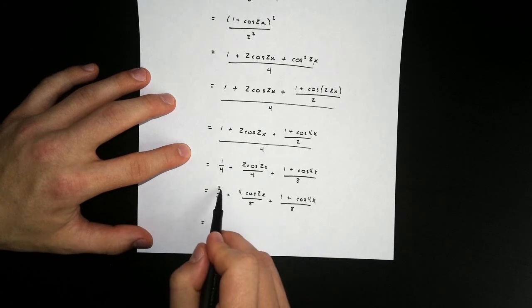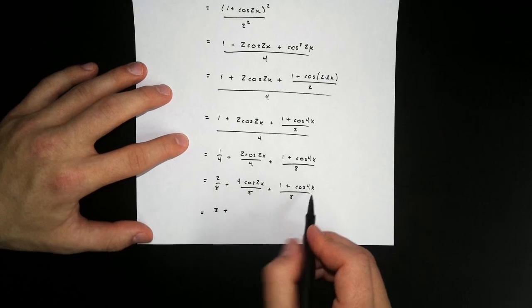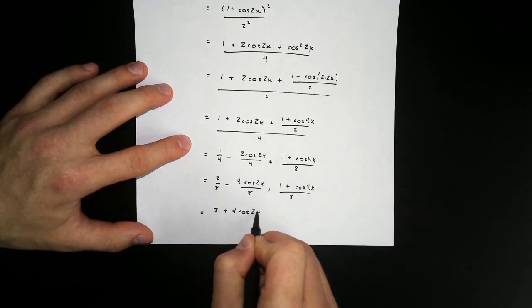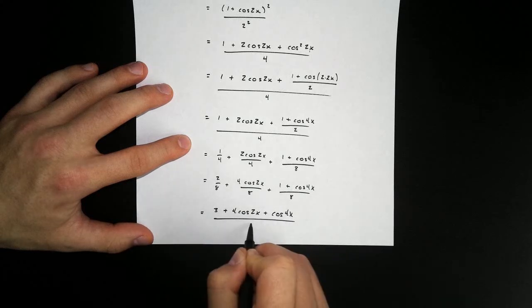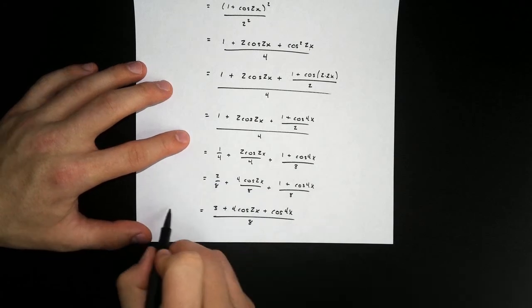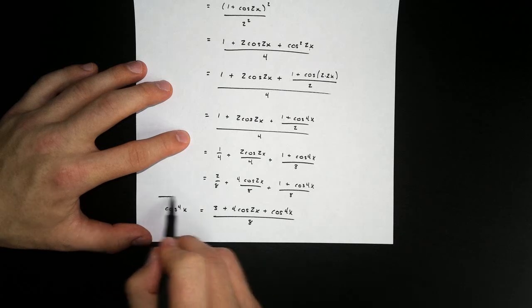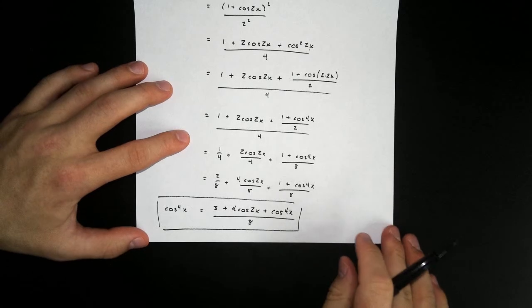So we have 2 and then plus 1, so that's 3. And now these are not like terms because this one is the cosine of 2x and this is the cosine of 4x, so plus 4 cosine of 2x plus cosine of 4x. That's all over 8. So there we go. That now has no power greater than 1, and that's an equivalent expression.